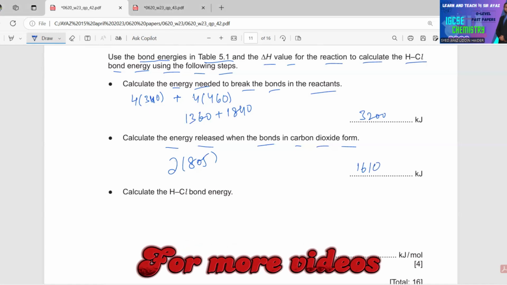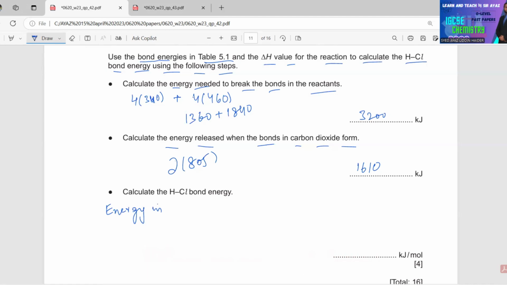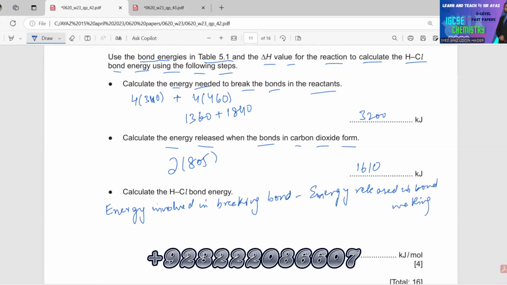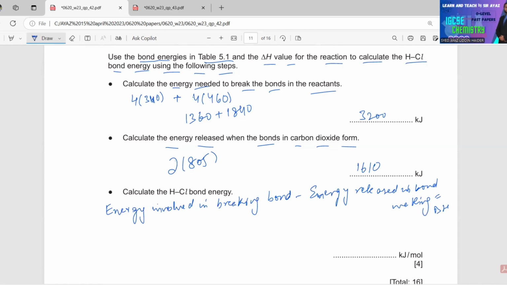Calculate the HCl bond energy. What is the formula? Energy involved in breaking bonds minus energy released in bond making is equal to the enthalpy change.